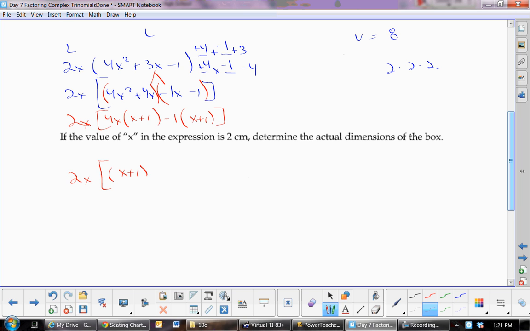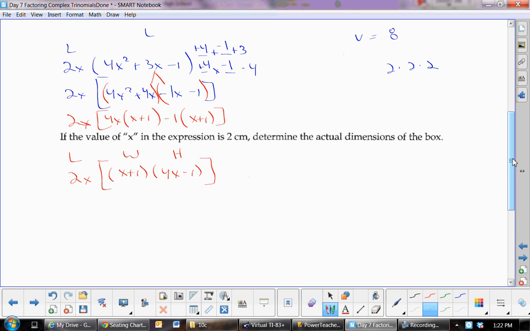Take out x plus 1 times 4x minus 1. So if this is the length, this would be the width, and this would be the height. Yep. This is an application, okay?